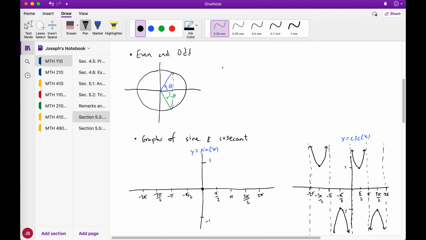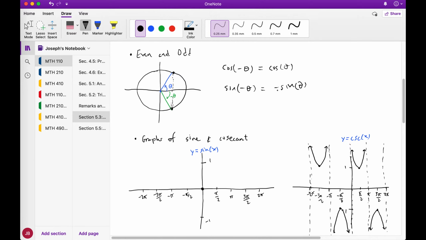So what we're going to conclude here is that the cosine of minus theta, well, the x value, that's what the cosine is, that's the same as the cosine or the x value of positive theta. Now, however, the y values change, right? But they only change by being the exact opposite. So whatever the y value is up here, it's the opposite of whatever the y value is down here.